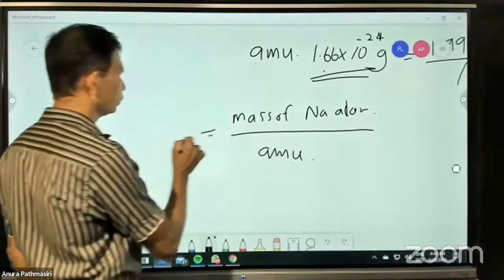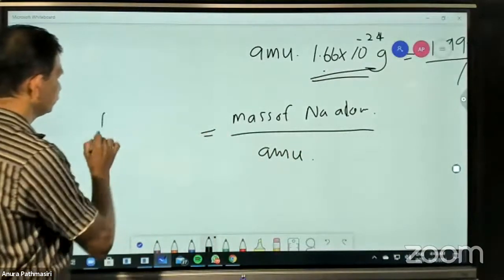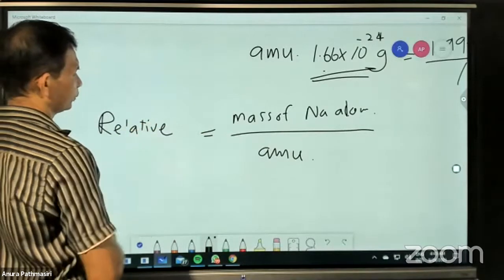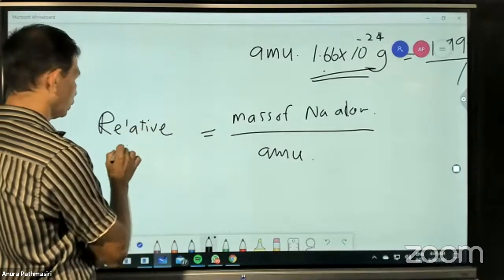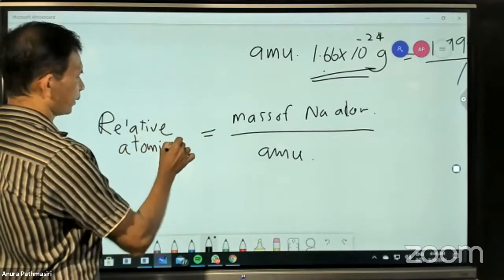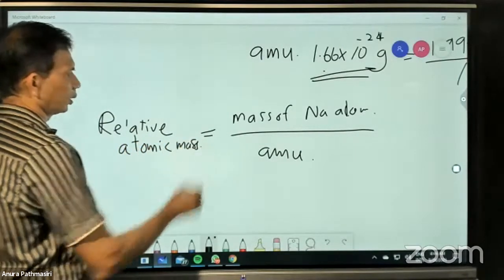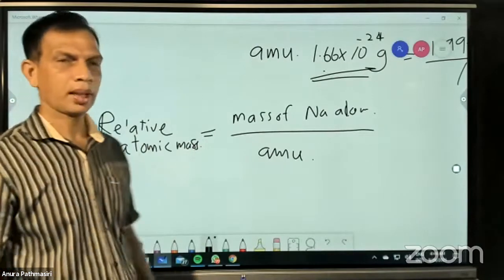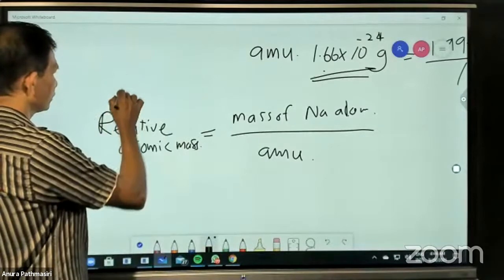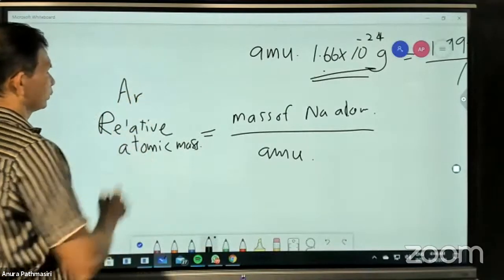Now you are going to get a relative value. What is a relative value? Relative atomic mass. This relative atomic mass is considered as AR.